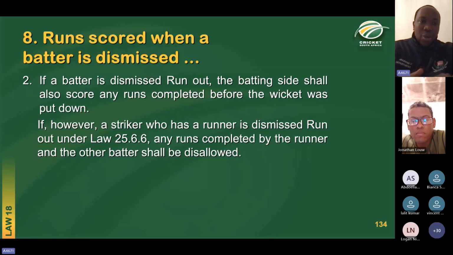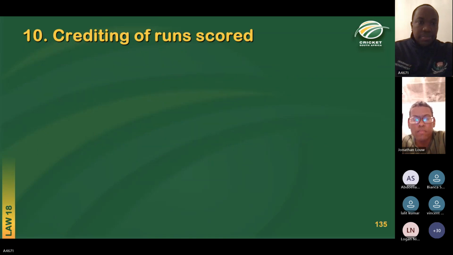But in our main men's and women's open leagues, the first division, the Premier Division, we do not allow runners. The playing conditions disallow runners. However, law still makes provision for runners, which we will learn about next week.